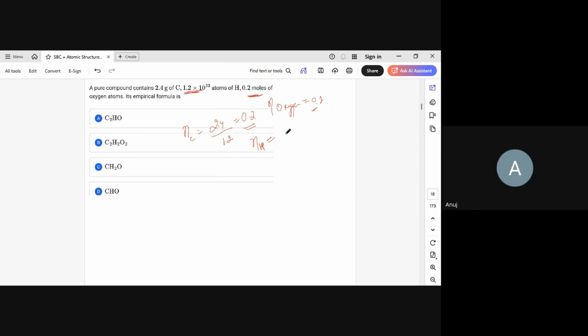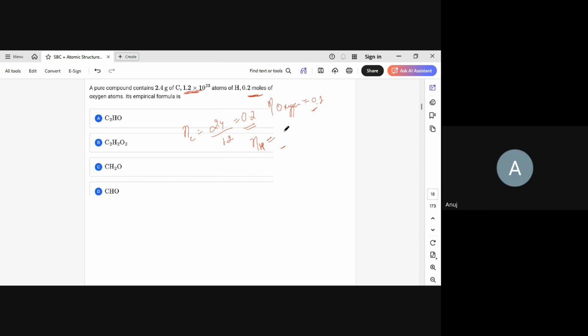Avogadro's number. Okay, speak one by one. So Avogadro's number, 6 into 10 to the power 23. Okay, so will it be in the numerator or denominator?